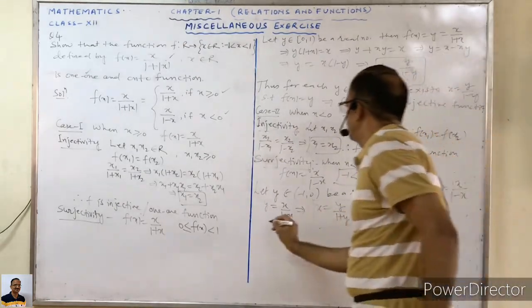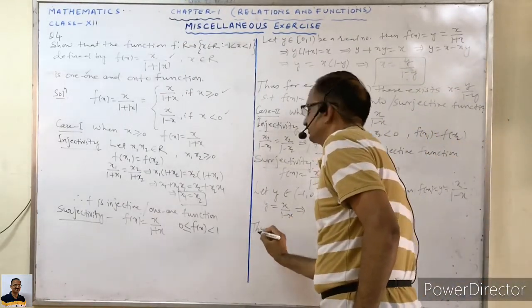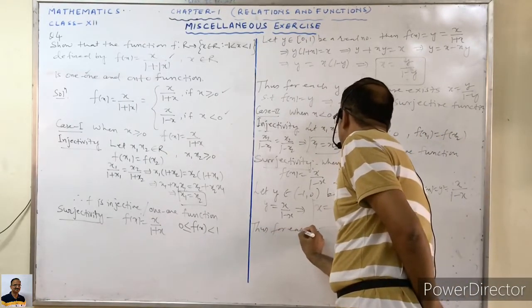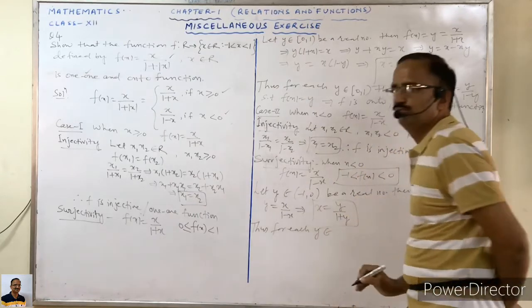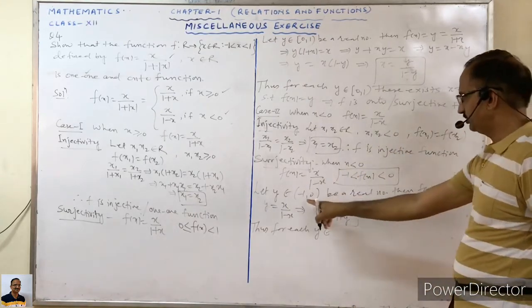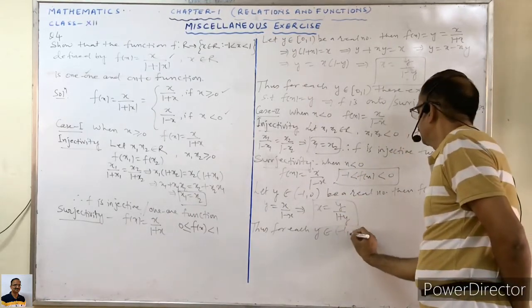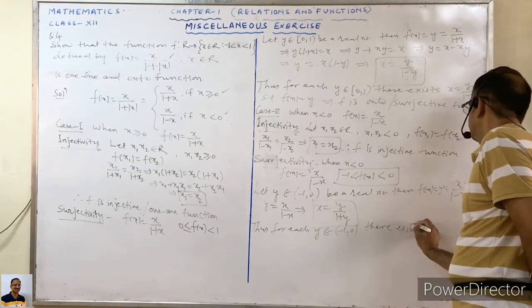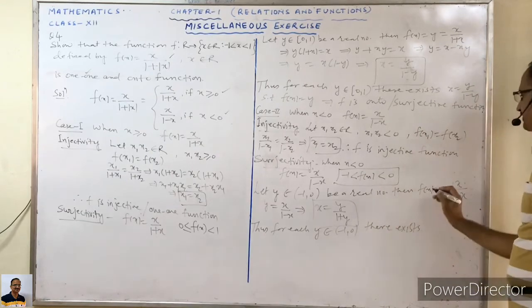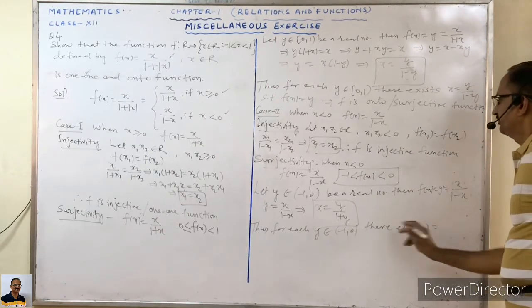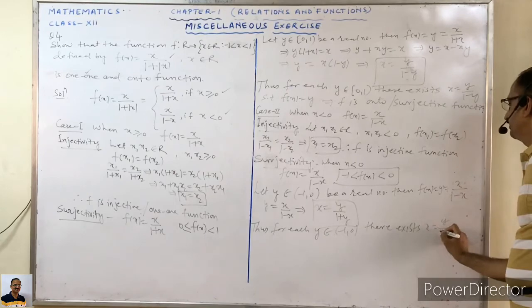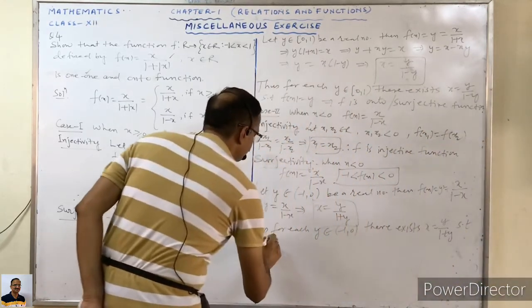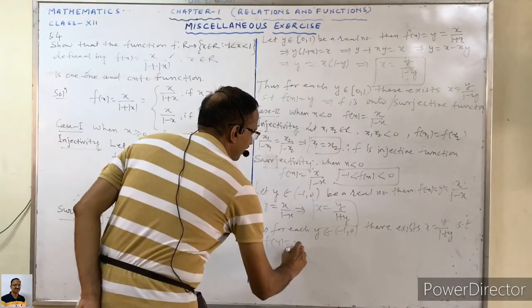So we will write thus, for each y belonging to minus 1 to 1, there exists x equal to y upon 1 plus y such that f(x) equals y.